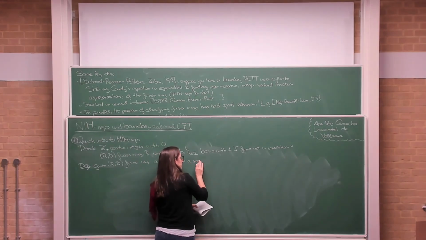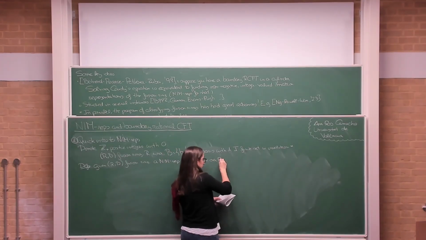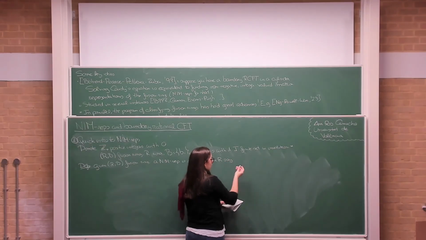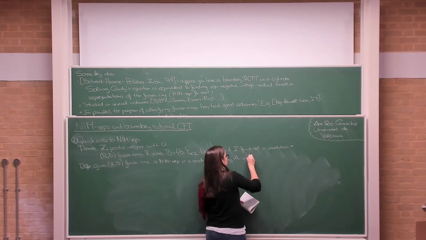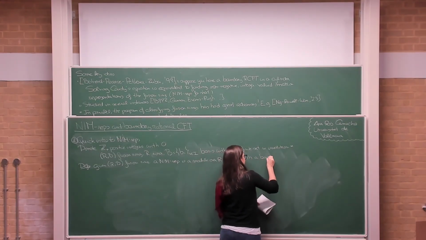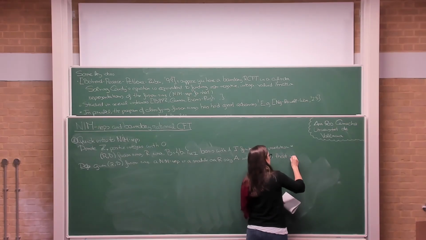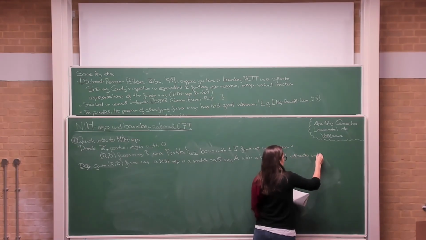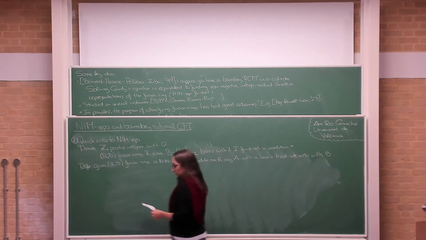So, a module over R, which we're going to call A, with a basis, with the basis of the ring as follows.